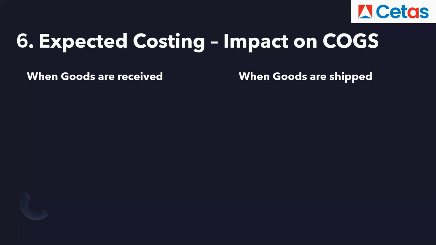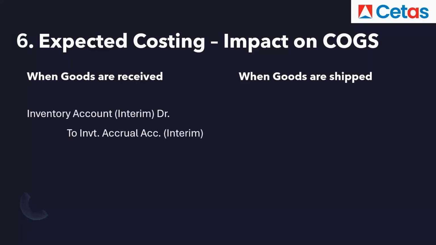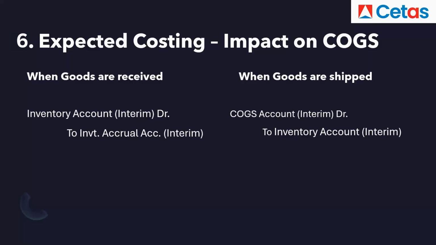Think of it like this. When you receive the goods, BC temporarily posts inventory account interim debit, which is an asset, to inventory accrual account interim, which is a liability. Similarly, when you ship the goods, BC temporarily posts COGS account interim debit, which is an asset, to inventory account interim, which is an asset.